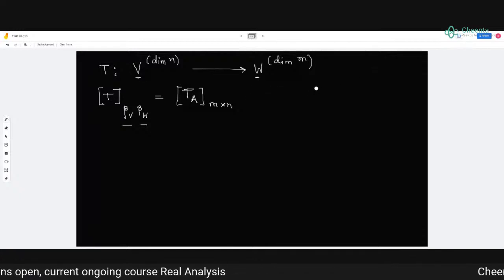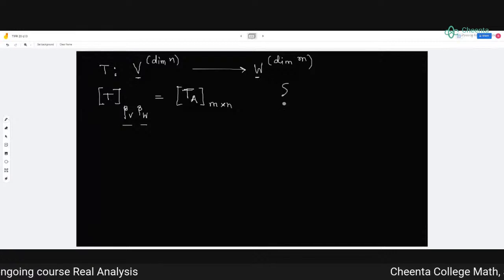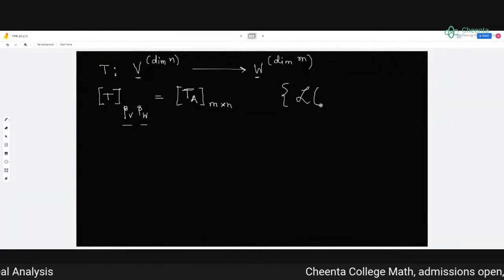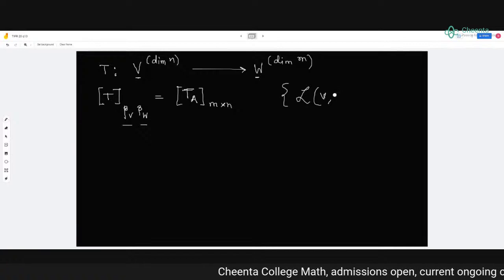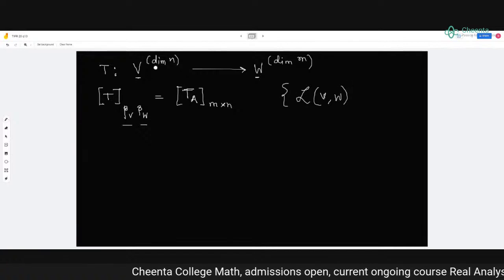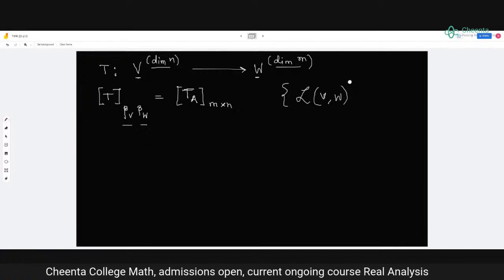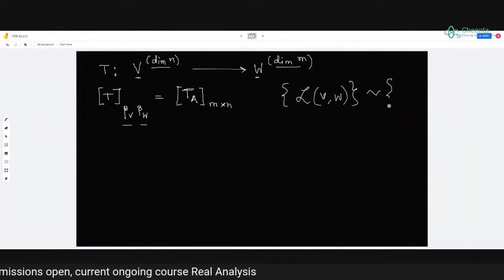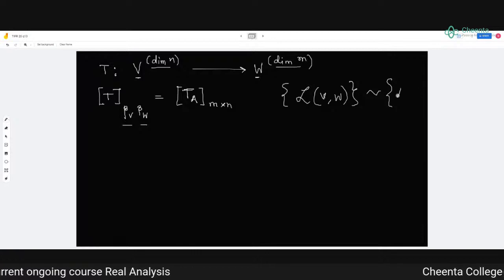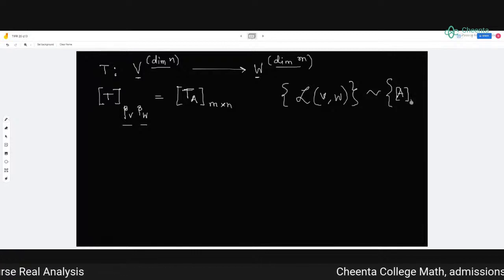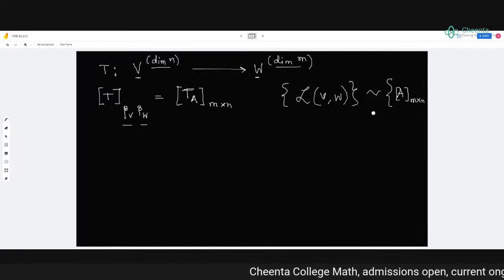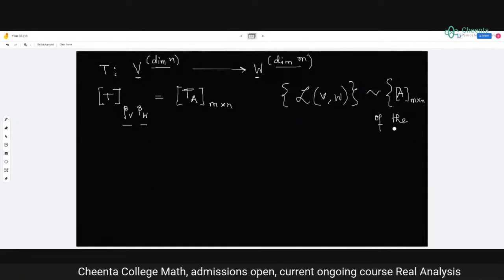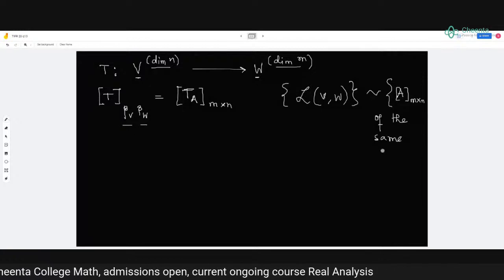There is an equivalence. Let me write it down. The collection of all linear transformations from v to w of finite dimensions n and m is equivalent to taking all such m cross n matrices over the same field.